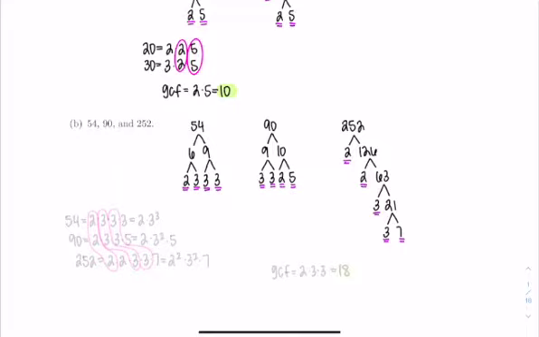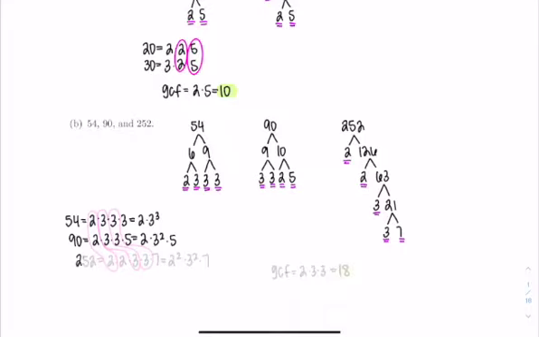For 54, we have 2 times 3 times 3 times 3, or we could write this shorthand as 2 times 3 cubed. We have 90, which is 2 times 3 times 3 times 5, or we can write 2 times 3 squared times 5.